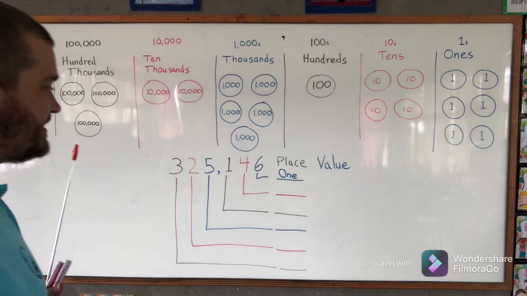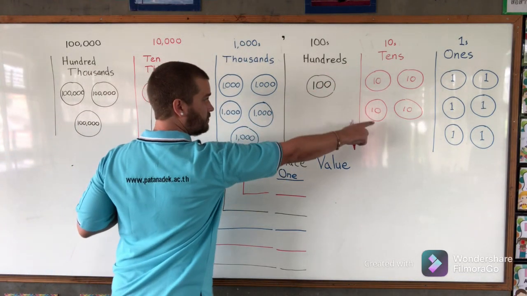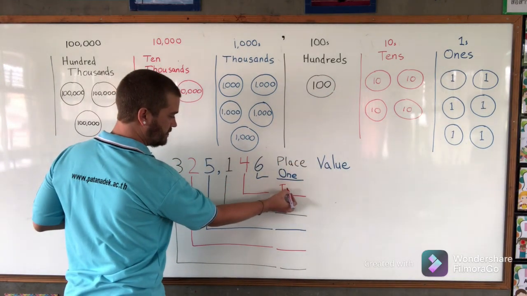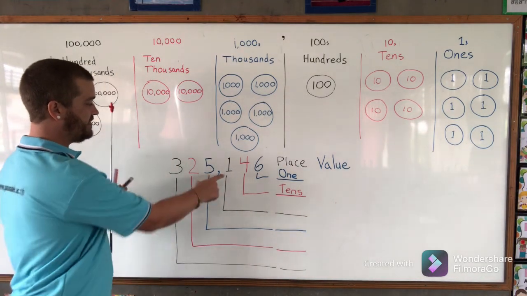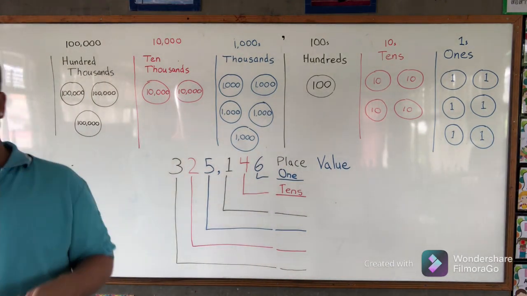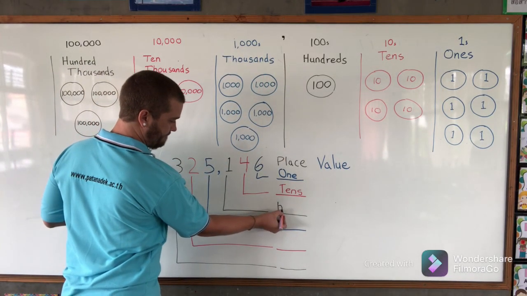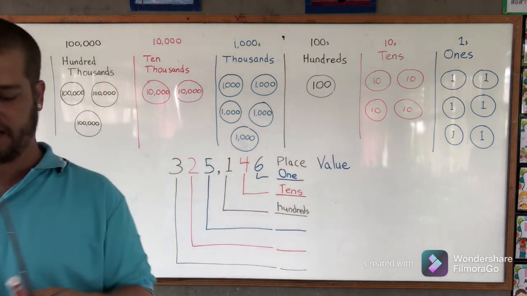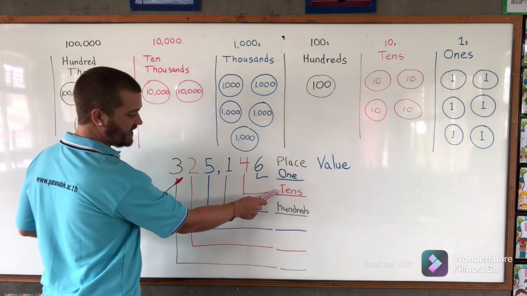In what place is the number 4? Tens. In what place is this 1? Hundreds, right? What place is the 5 in? Well, we have ones, tens, hundreds.